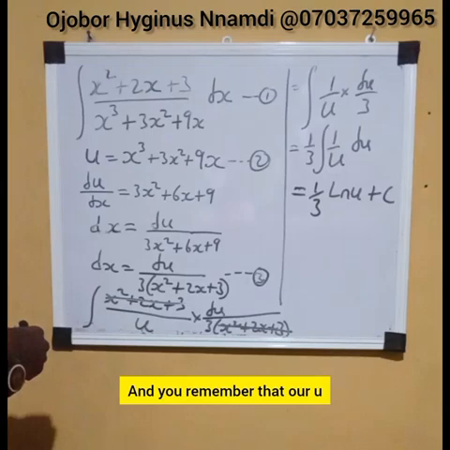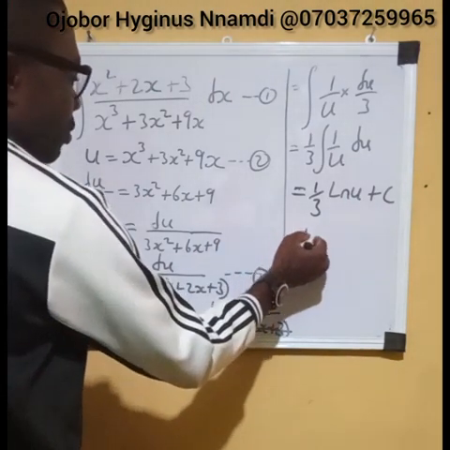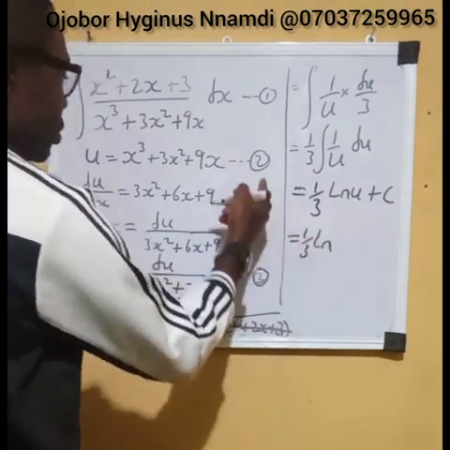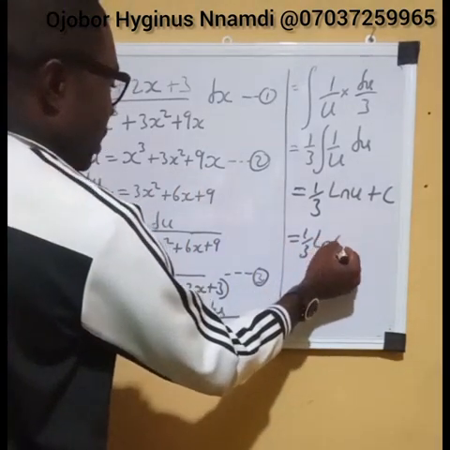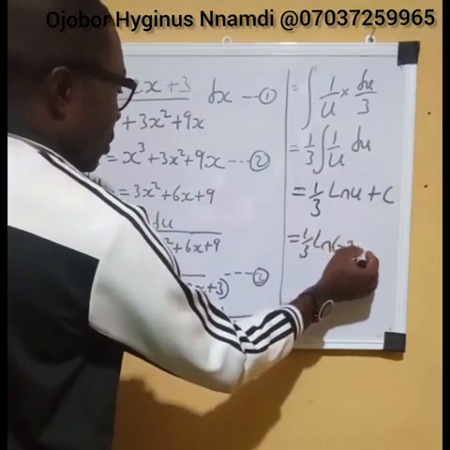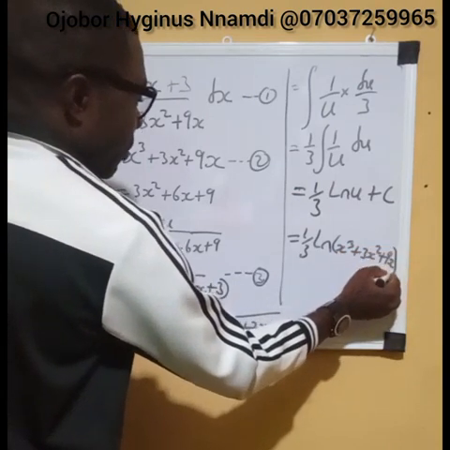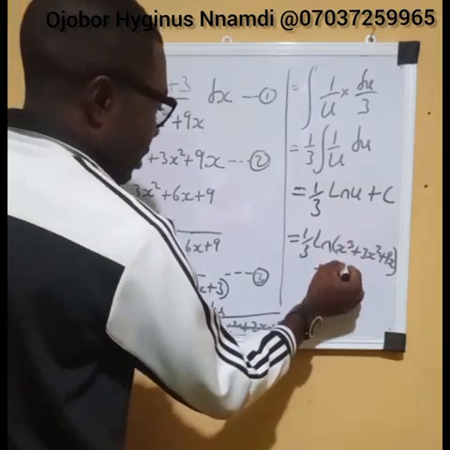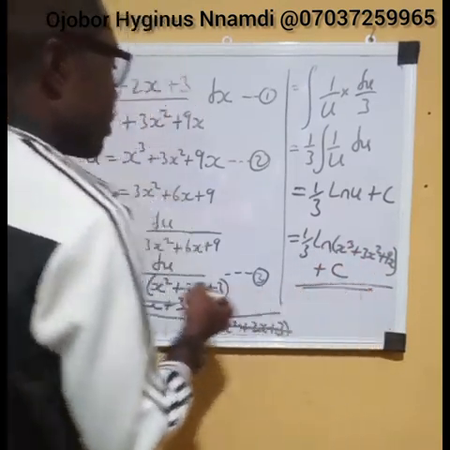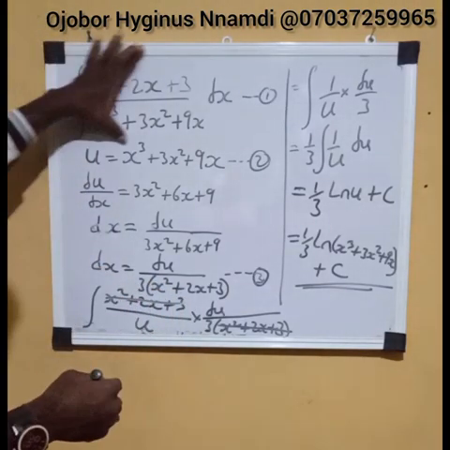And you remember that our u is originally from equation 1, x cubed plus 3x squared plus 9x. So the answer is 1 over 3 ln of x cubed plus 3x squared plus 9x, plus the constant c, and this is the integral of this function.